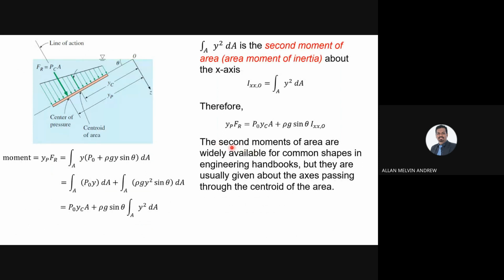Okay, so what we call the moment of area is actually the turning effect of force inside the water. Once the body enters the water, it will not stay at the same level.